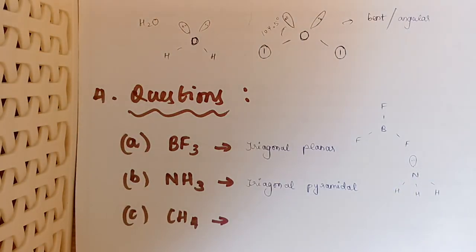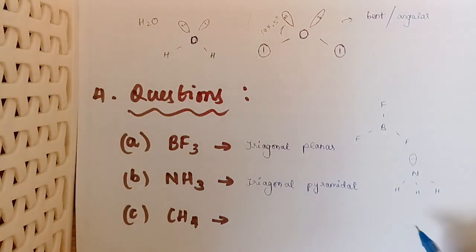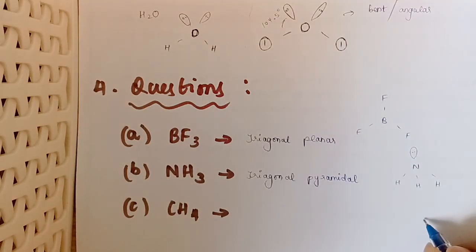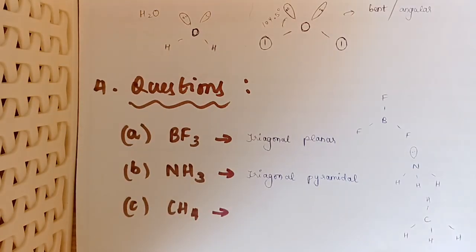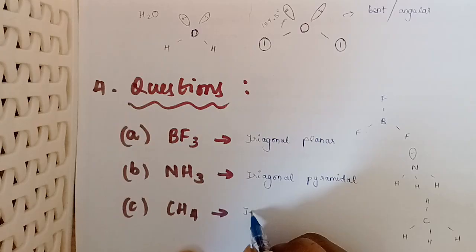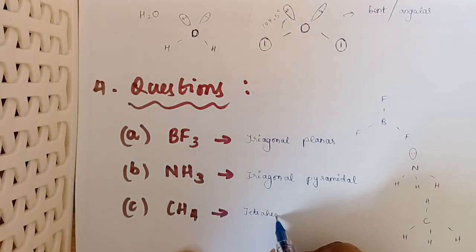Then we have CH4. CH4, so again we'll draw the structure. There is one C, H over here, H, H, and again an H. This structure is called tetrahedral.